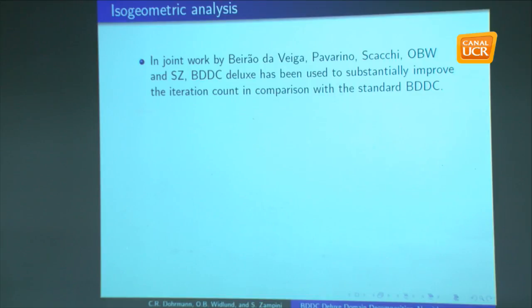Okay, just a few words here about the isogeometric analysis work. So the co-workers are Lourenço Beirão da Veiga, Luca Pavarino, Simone Scacchi, and Stefano Zampini. And these guys had worked earlier with BDDC, with classical interface averaging.